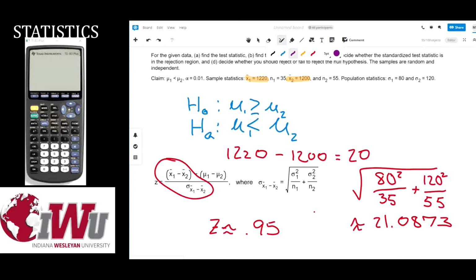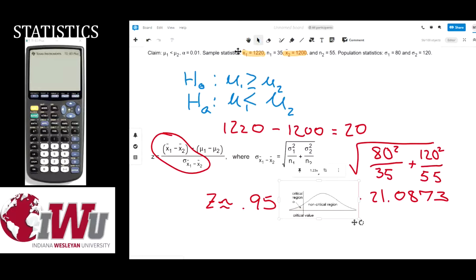So is this the left or right tail? Let's review that real quick. One thing that gives it away is the alternative hypothesis here, which has less than. So we have a left tail test, and we're going to look at the negative Z values.